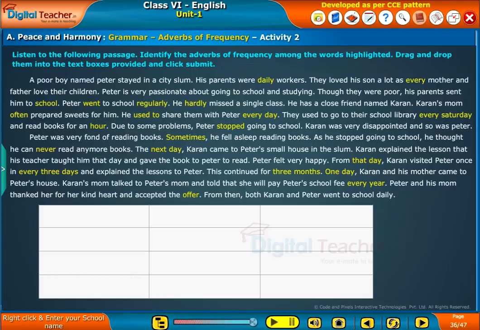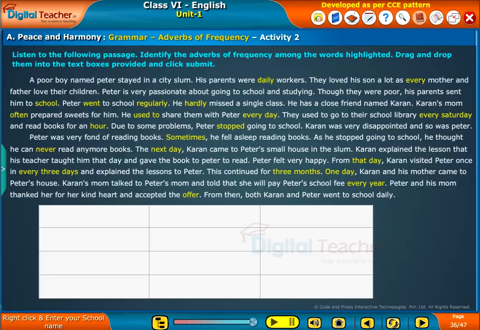Peter went to school regularly. He hardly missed a single class. He has a close friend named Karan. Karan's mom often prepared sweets for him. He used to share them with Peter every day. They used to go to their school library every Saturday and read books for an hour.